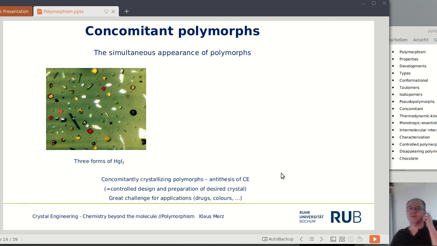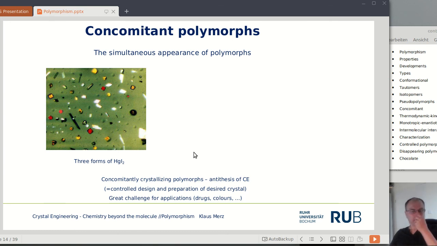One example from the inorganic side: if you look at mercury iodide and you crystallize this compound, at the same moment you will get different polymorphs. This is a microscope snapshot. You see different red and yellow needles, three different forms.